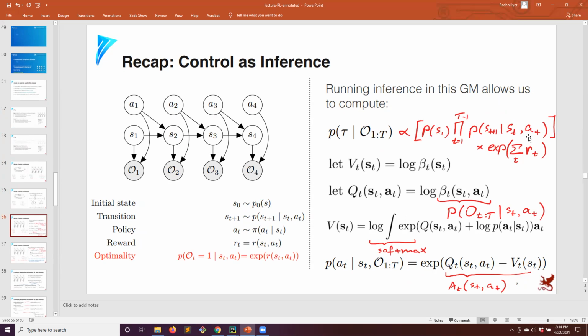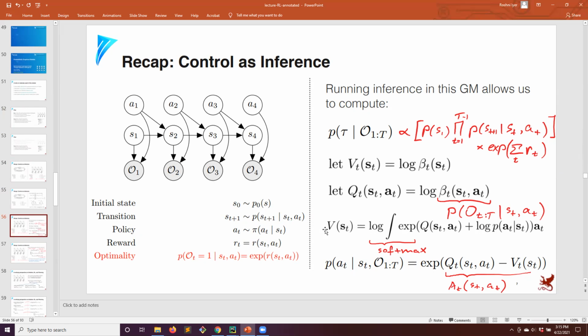And this part is we are weighting that by the reward. Then we also define the idea of these backward messages here. And we express the relationship between the V and the backward messages as well as Q and the backward messages.